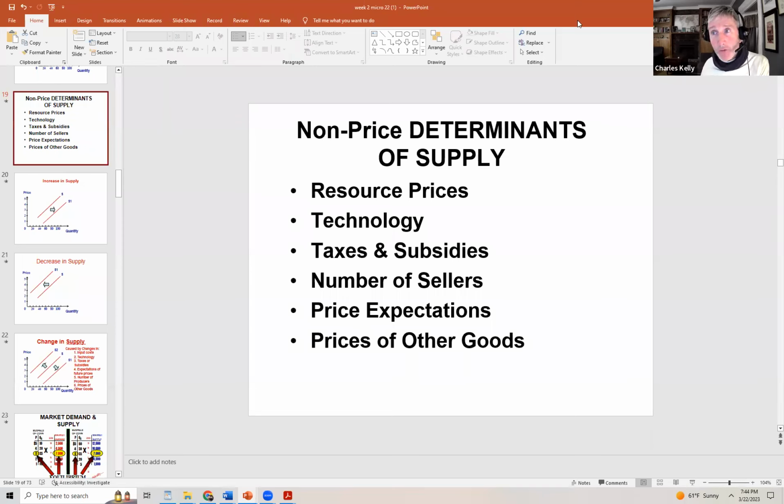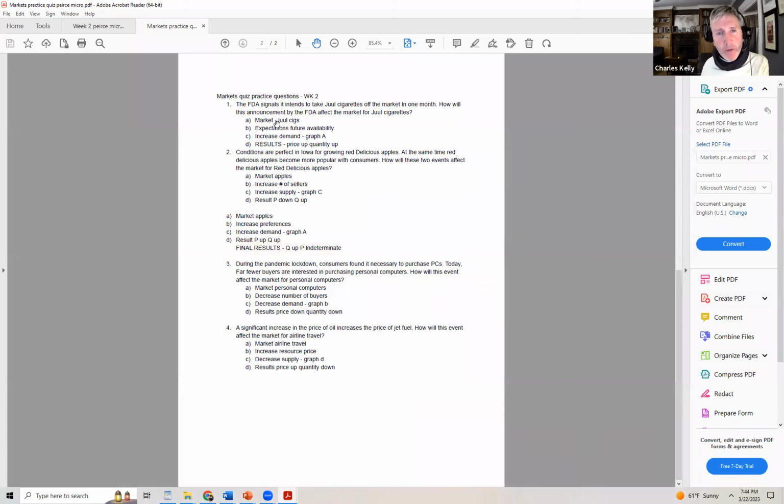So the four-step process: identify the market, in this case, Juul cigarettes. Identify which non-price determinant of supply or demand is affecting the market. And people say, okay, expectations about future product availability. That's going to affect demand. That increases demand. Now, instead of drawing the graph, you just refer to these.